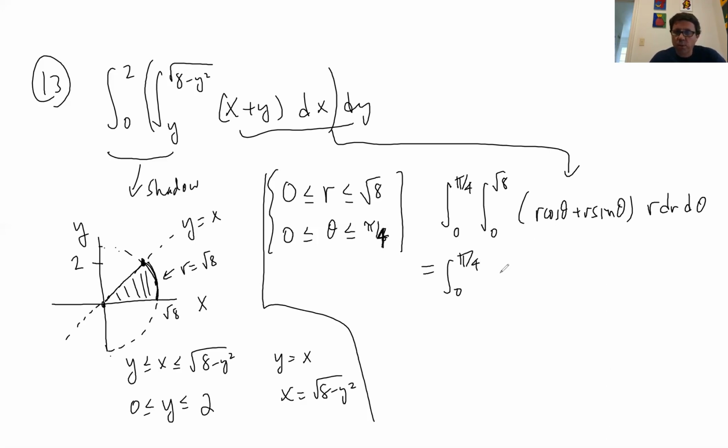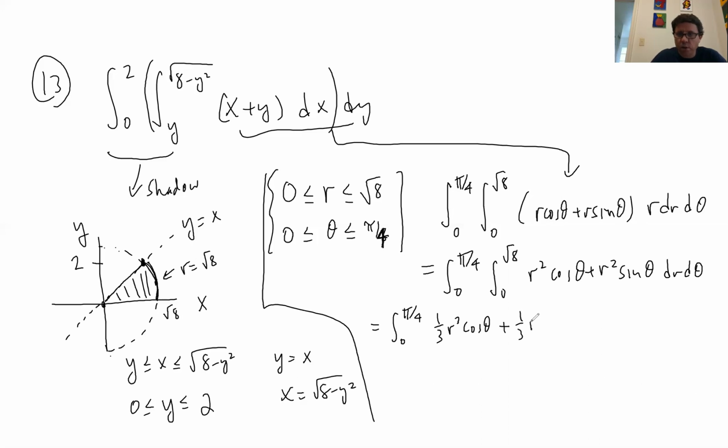So we multiply through by r, and we get r squared cosine theta plus r squared sine theta dr d theta. Integrate the r, so you'll get 1/3 r cubed cosine theta. I guess I could have just factored it out, but that's all right.